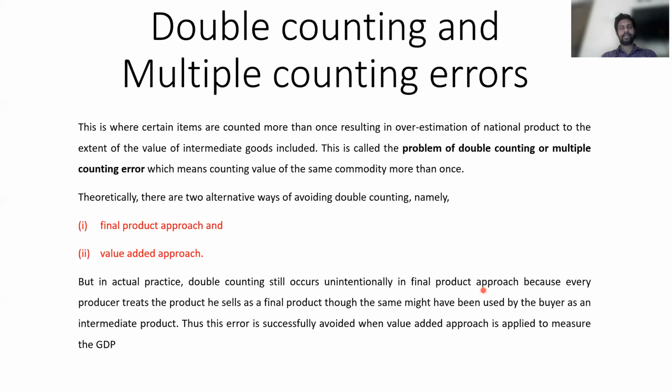The example I said before, fertilizer. Fertilizer is an output of a fertilizer company. Then it is used by a farmer as well. Then the farmer determines the price of the output by considering the cost of fertilizer. When the output is transferred to the market, such a value includes the cost of fertilizer.